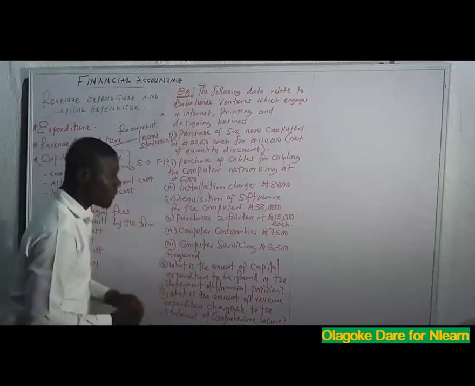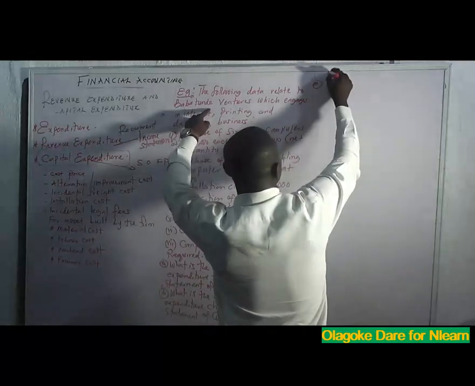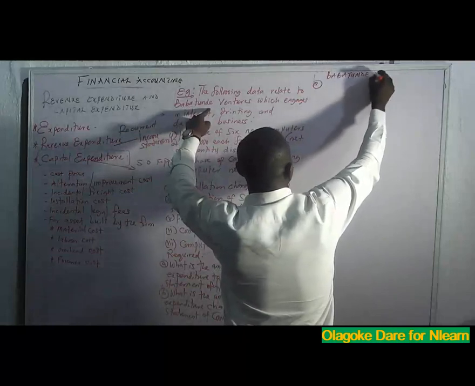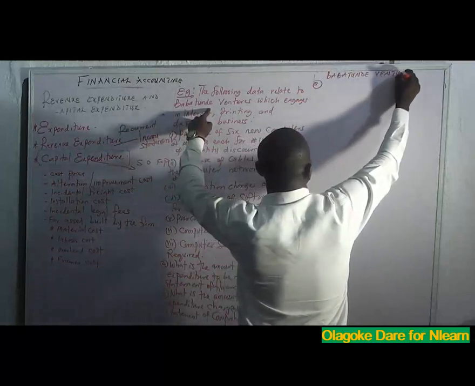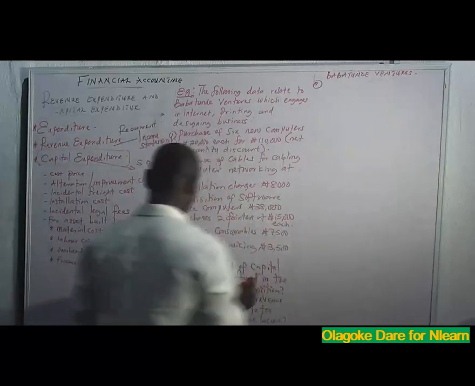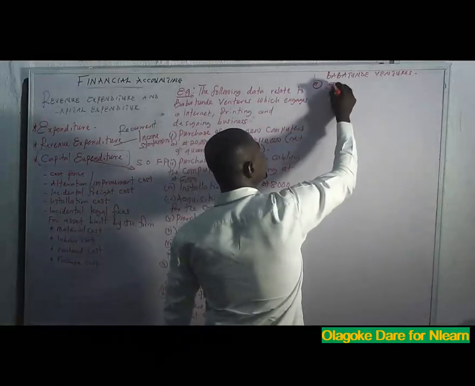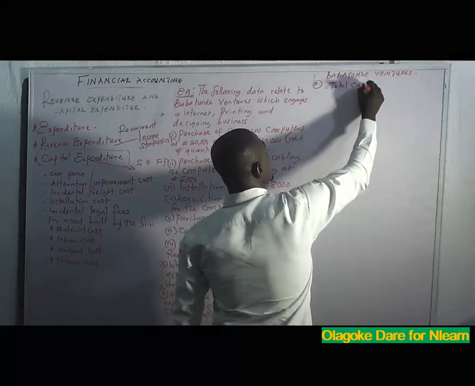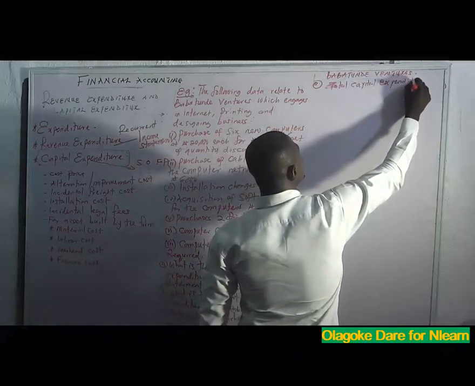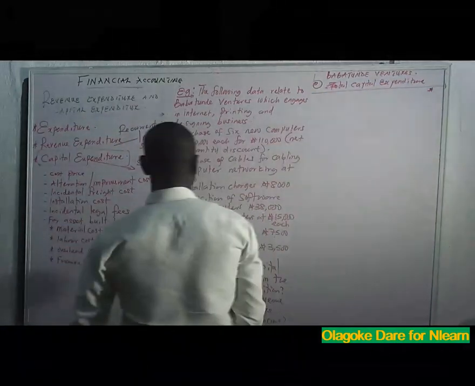Now, the first one, we are preparing account for Babatunde Ventures. Okay, so A, we are told to calculate our total capital expenditure. So what will be the first?